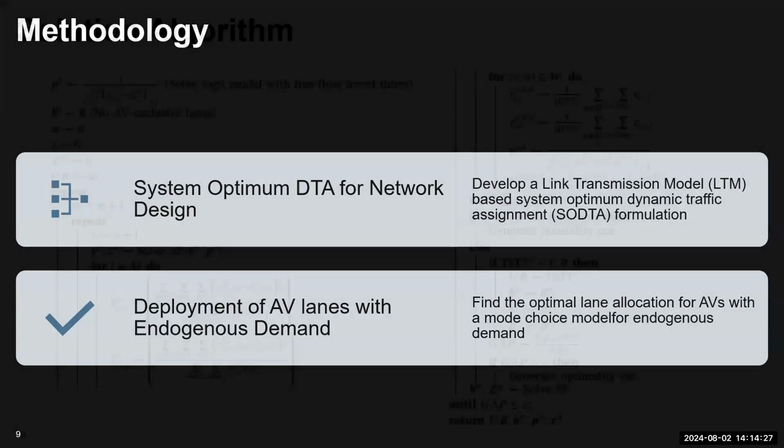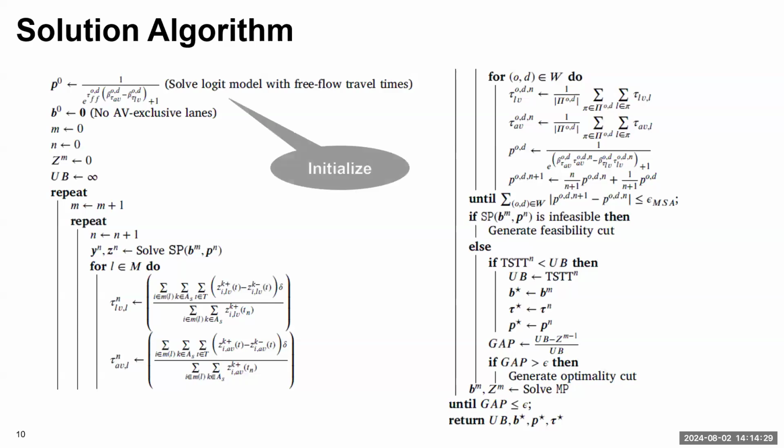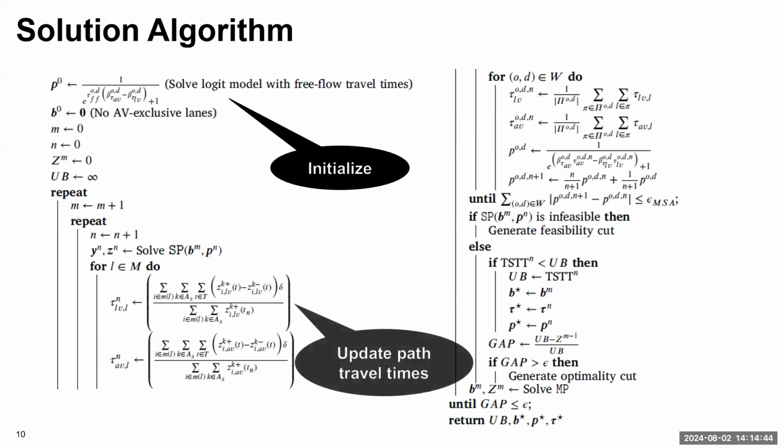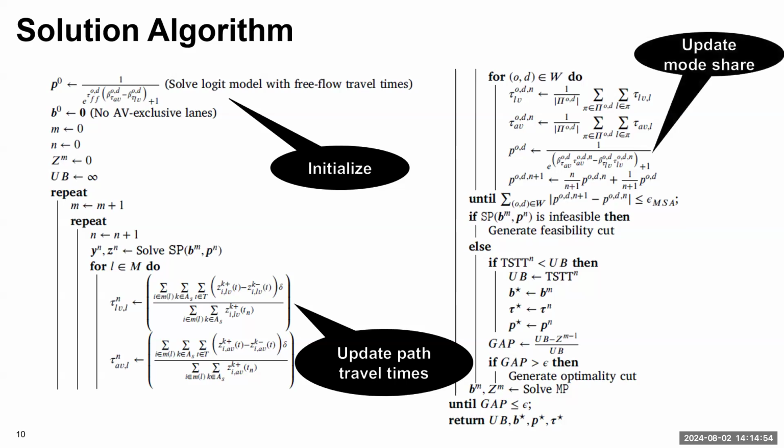The solution algorithm looked something like this, where we start by initializing the whole algorithm, with no AV exclusive lanes. All the lanes are for all the vehicles, regular and connected autonomous vehicles. Then, as we go along, based on the traffic flow model, the link transmission model, we update the path travel times, and then based on that, the impact on the mode share, how attractive a certain class of vehicles is, given their performance in the network.